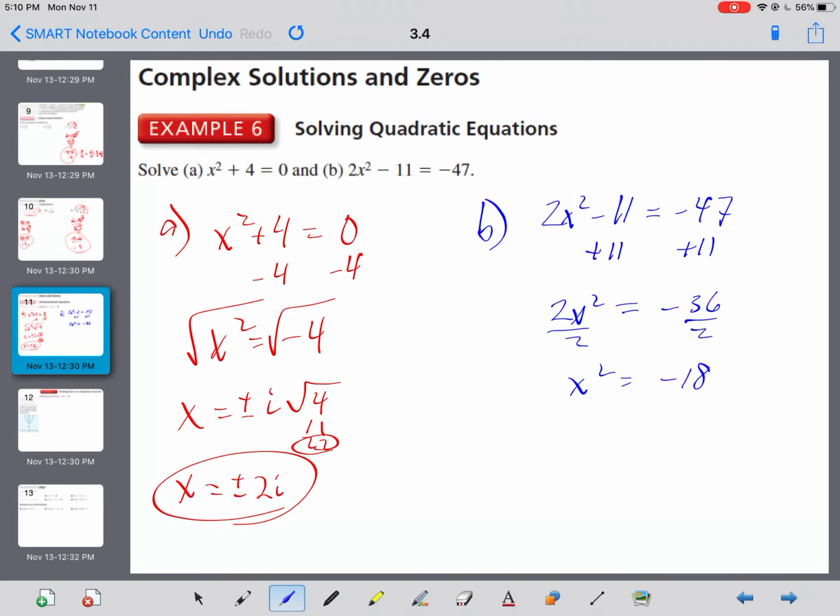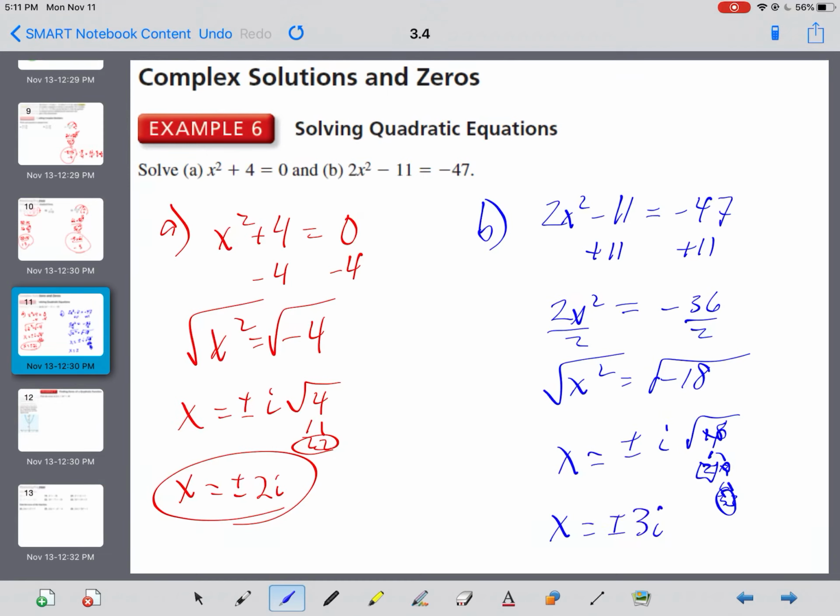Divided by 2, x squared equals negative 18. Square root both sides. Don't have to worry about the negative anymore. Plus or minus i square root of 18. 2 times 9, 3 times 3. There's my pair, there's my single. 2 stays in, so x equals plus or minus 3i square root of 2. Stays right inside.